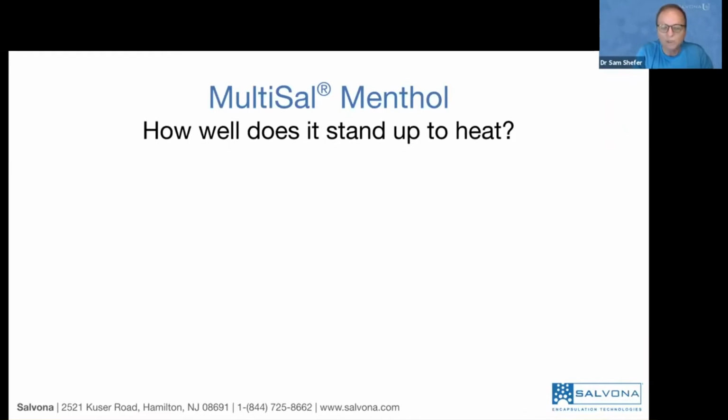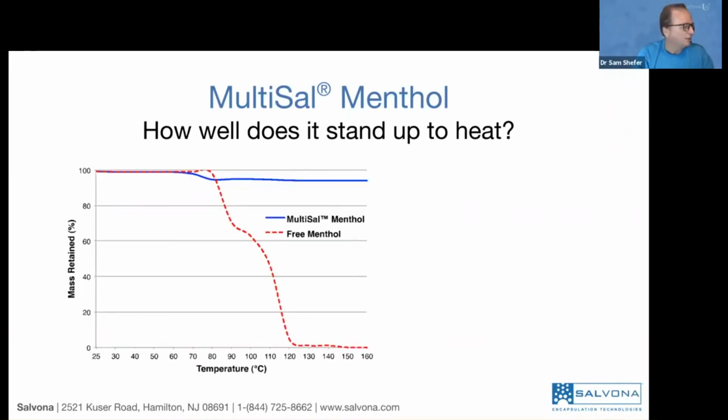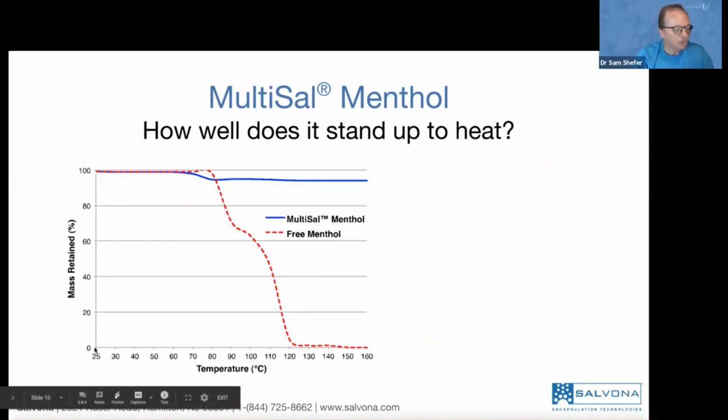And the question: will it survive? So look at the numbers by itself. This is the mass retained. How much of the initial weight we keep as a function of temperature. So what do you see? If you use menthol and you start to heat it up from 25, you see at about 80 C, you lose the menthol and you lose it rapidly.